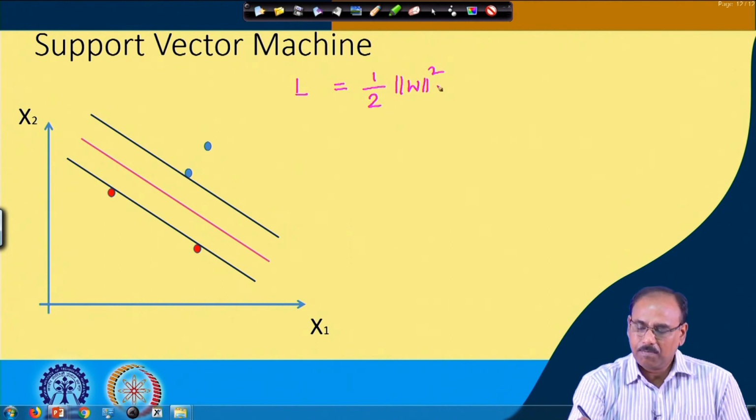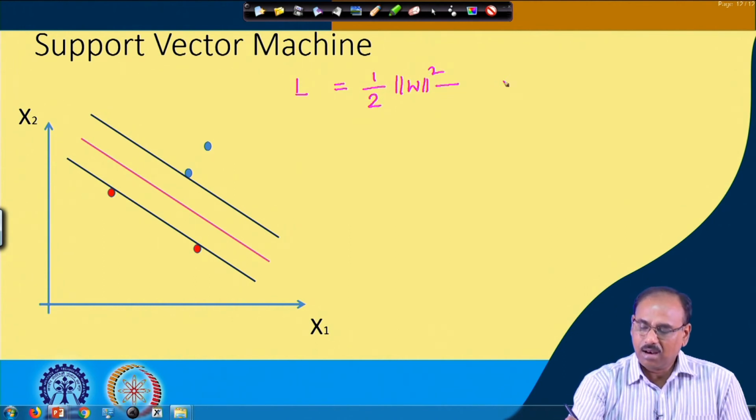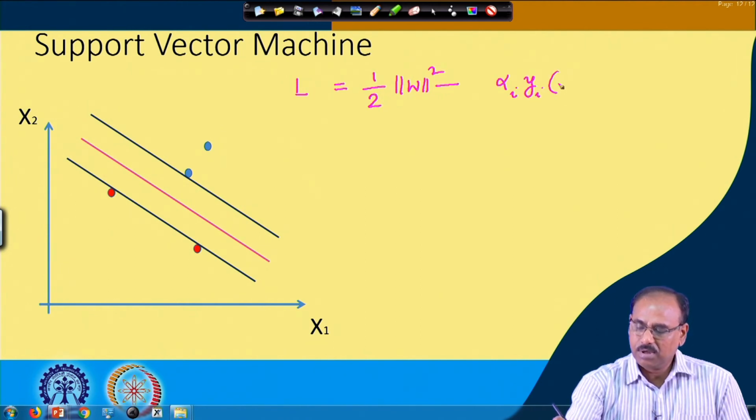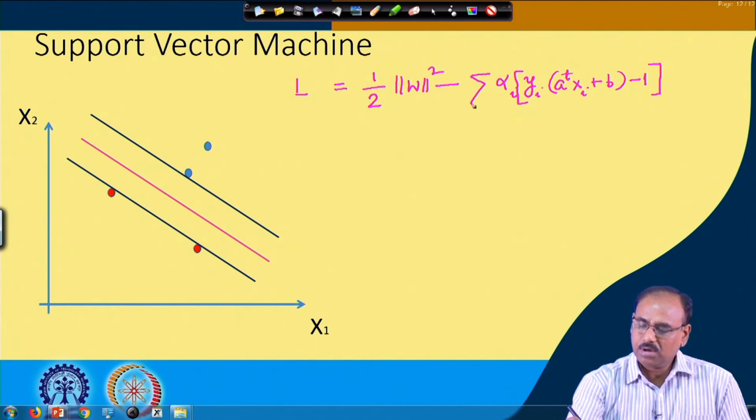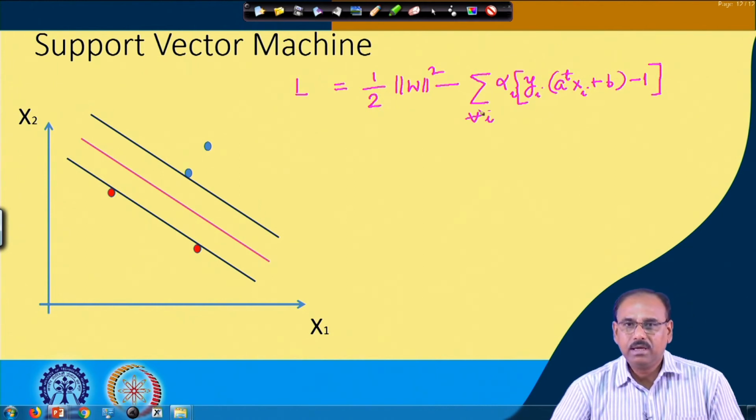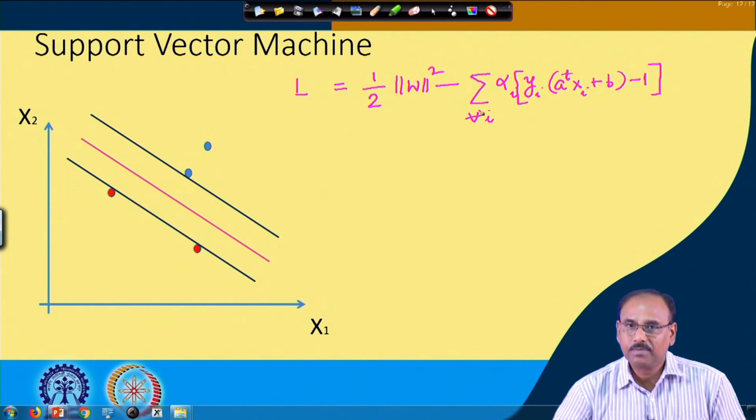And then minus alpha I y I times A transpose x I plus B minus 1. Take the sum of this over all I. So, this becomes my Lagrangian for the constrained optimization problem.